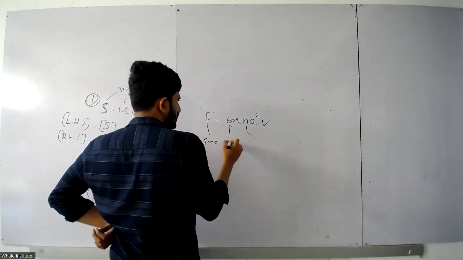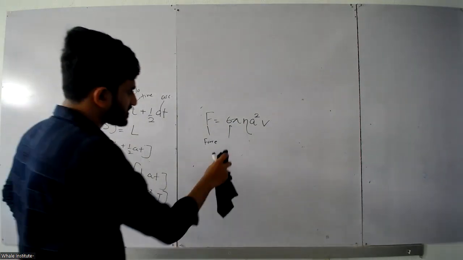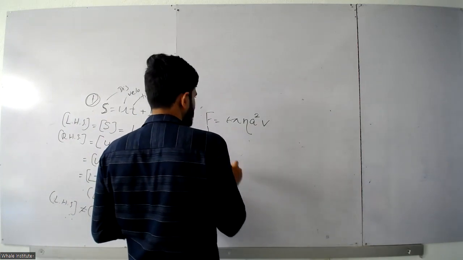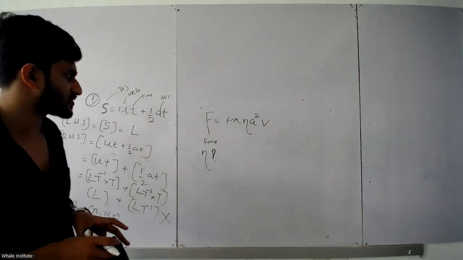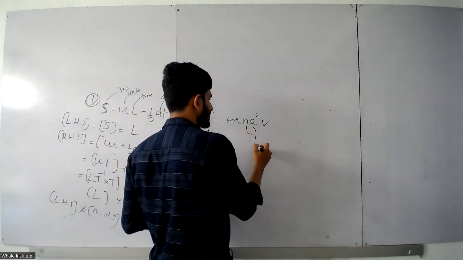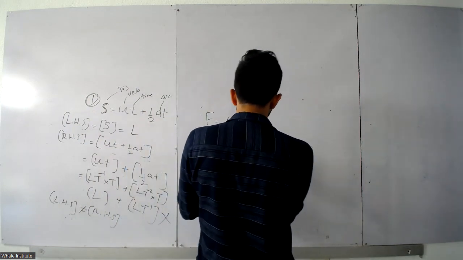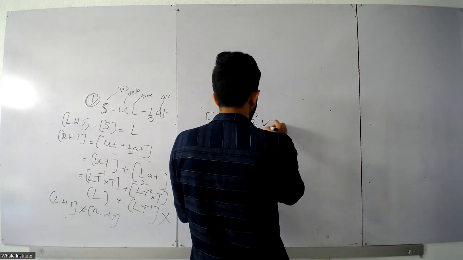Define the terms: F is a force, 6 pi is a constant, so no dimension here. You have to find the dimension of eta. It's not n, it's eta, which is used to express the coefficient of viscosity. Here a is a radius, so it's a length, and v is the velocity.